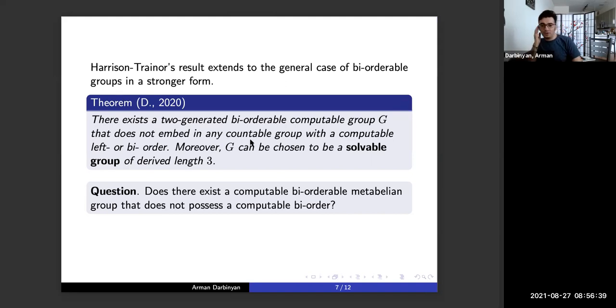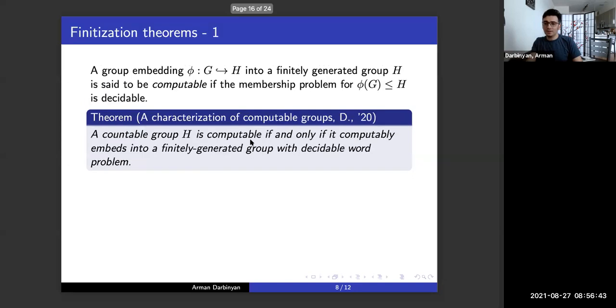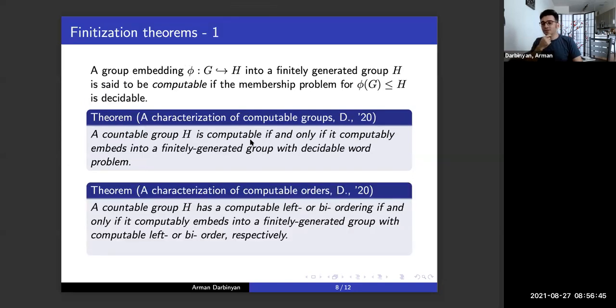The other theorem of this kind, this finitization theorem, that I would like to mention is a characterization of computable orders. Again, it is done in the same manner. Namely, a countable group H has a computable left or right ordering if and only if it computably embeds into a finitely generated group with a computable left or right order respectively.